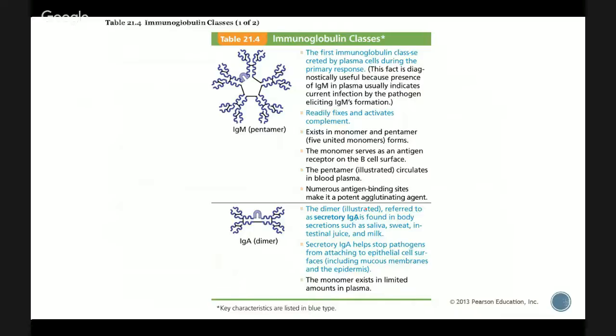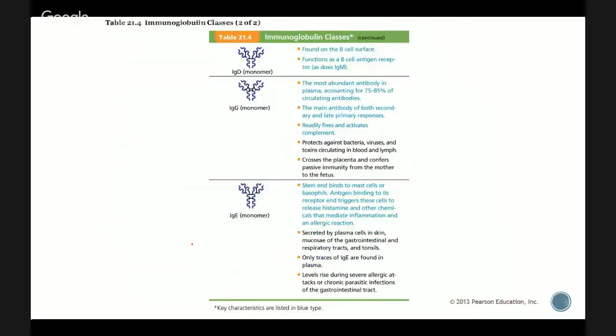So here are the different types of immunoglobulins. We have IgM, we have IgA, and you can see what they kind of do here in the blue. So it activates the complement. Here we can see it's found in the saliva, sweat, intestinal juice, and milk, and it helps stop pathogens from attaching to epithelial cell surfaces.